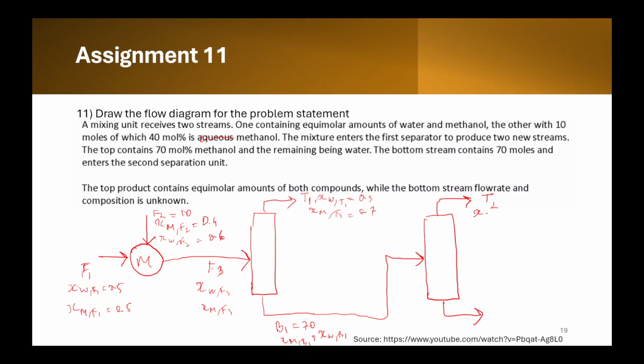So XW,T2 will be 0.5 and XM,T2 will again be 0.5. Now the bottom stream flow rate and composition are unknown, so B2, XW,B2 and XM,B2 are all unknown. So this is how you draw the flow sheet. You have written all the variables that are involved, and you have shown how the process flow goes on. Okay.